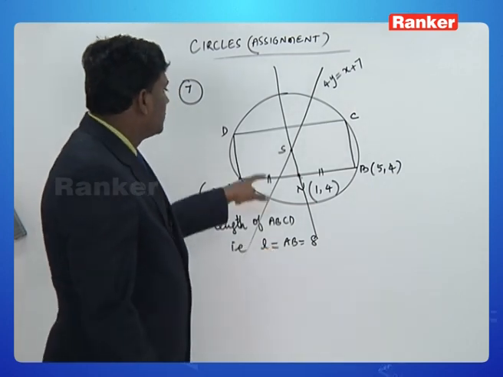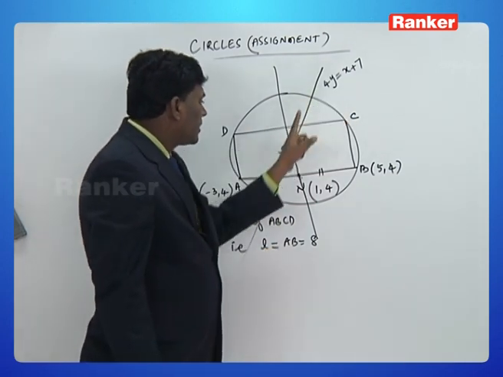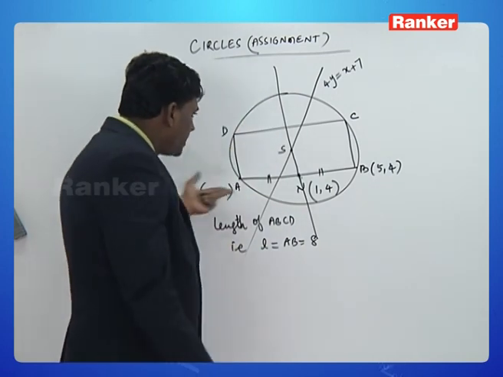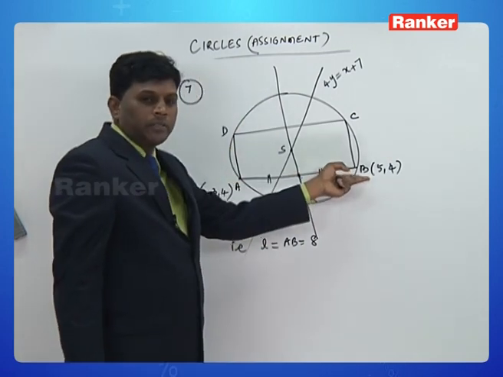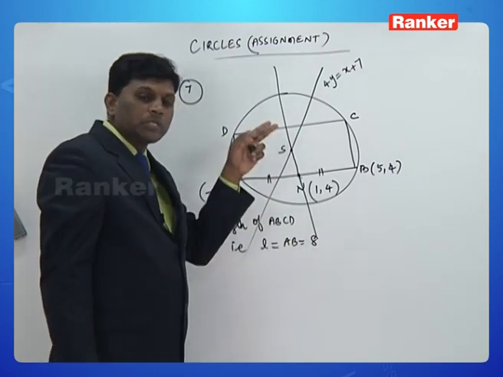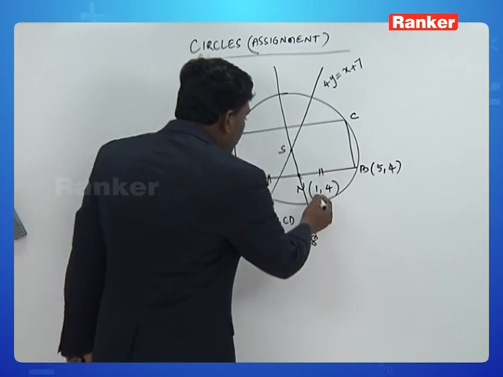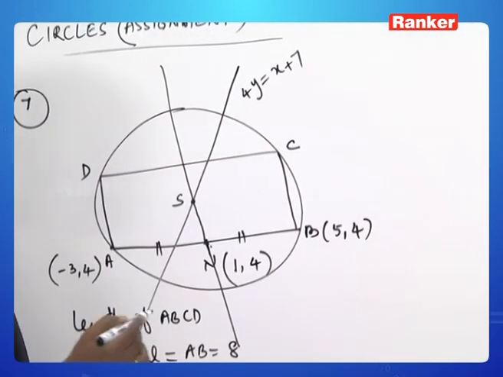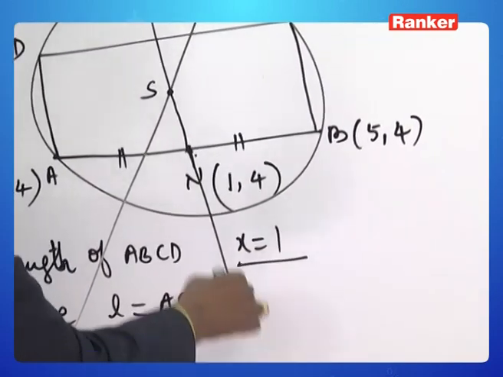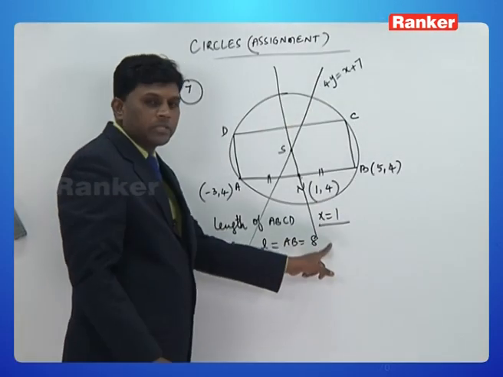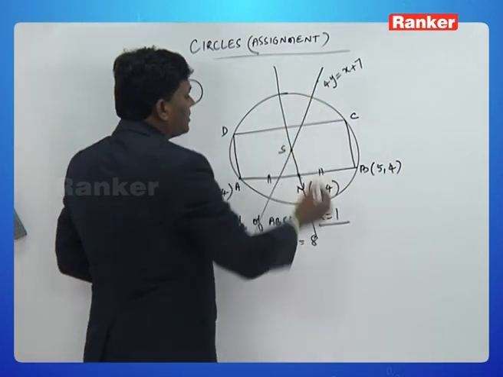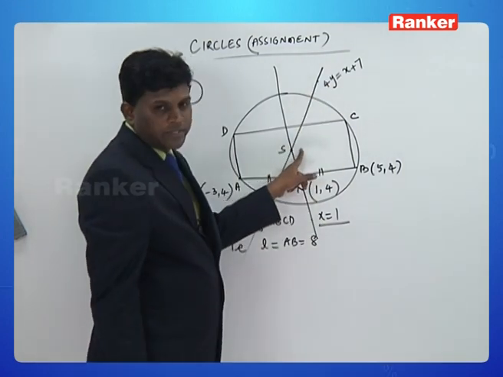So now one diameter is already given, and another diameter equation we can write down here. Because AB is a horizontal line, its perpendicular line will be a vertical line whose equation is in the form x equals k, that is x equals 1. So another diameter equation is x equals 1. Solving this line and this line, we get the center coordinates.